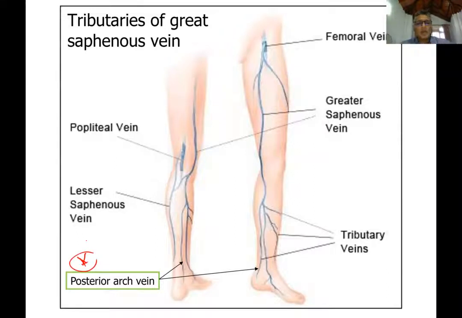Posterior arch vein lies immediately posterior to the medial malleolus, when the great saphenous vein lies immediately anterior to the medial malleolus. Now there are several perforating veins connecting up the deep venous system with the posterior arch vein. So that is the reason why it becomes clinically important. The posterior arch vein drains into the great saphenous vein below the knee joint area.